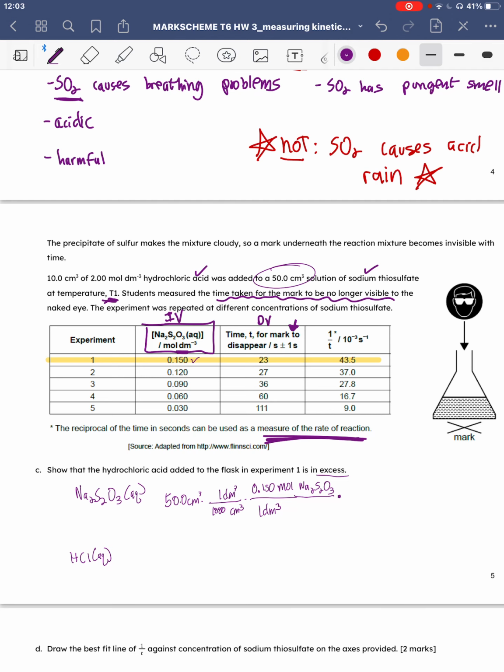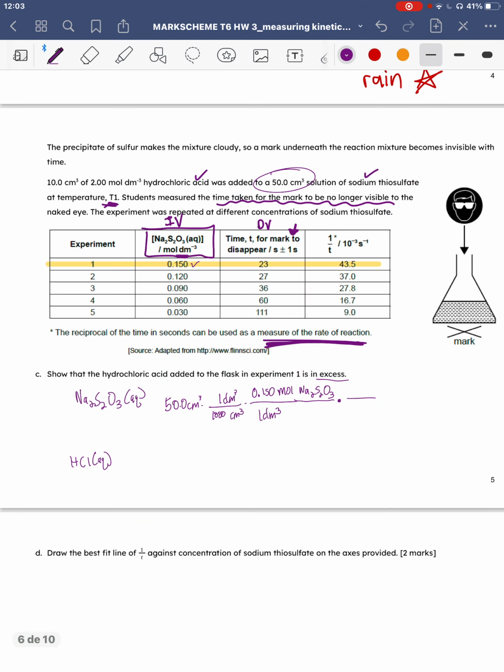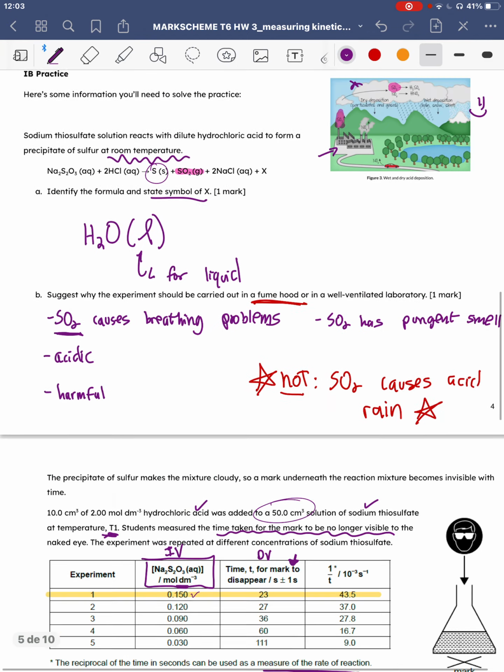I now need to find the theoretical yield for any product. I'm going to choose the sulfur product. You could choose any product. And let me get my coefficient.